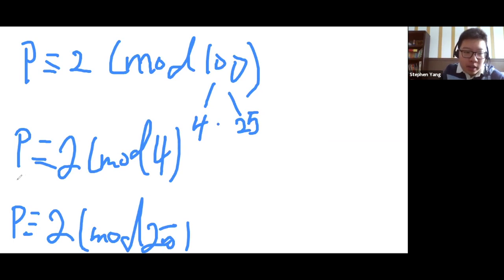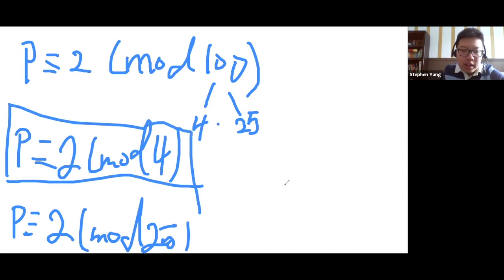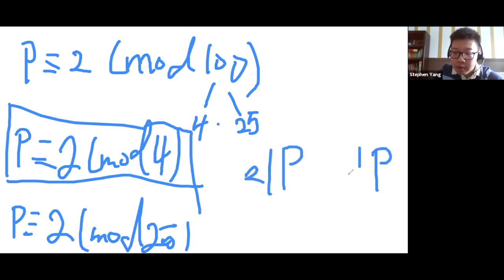Okay, so looking at the first piece of information that we got, this means that P is a multiple of 2. However, P is not a multiple of 4.